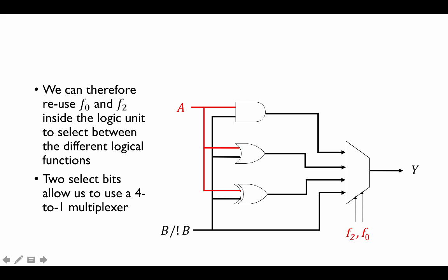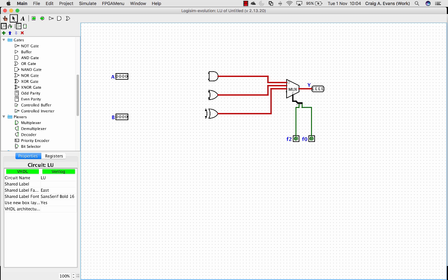And the last one, it's just B or not B. It's piped directly to the output for the move operations. So connect all, put the ones to B. And that looks like it for the logic unit.